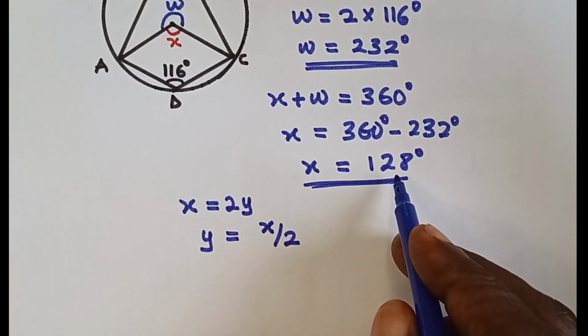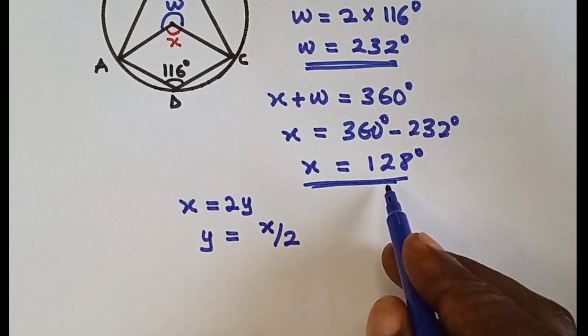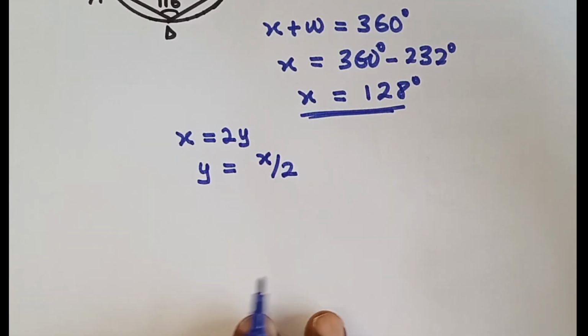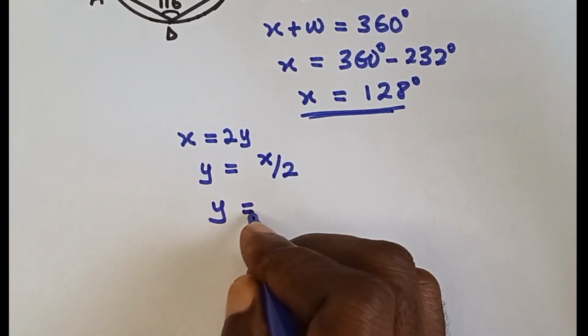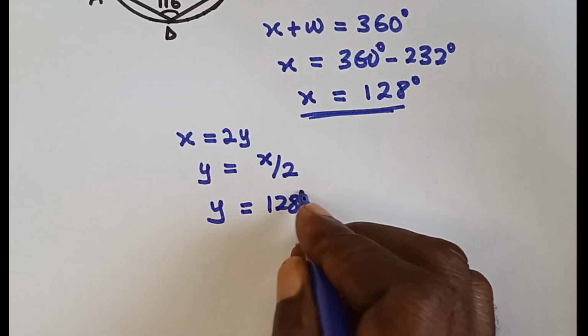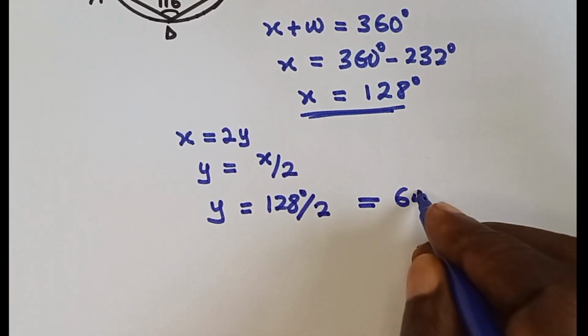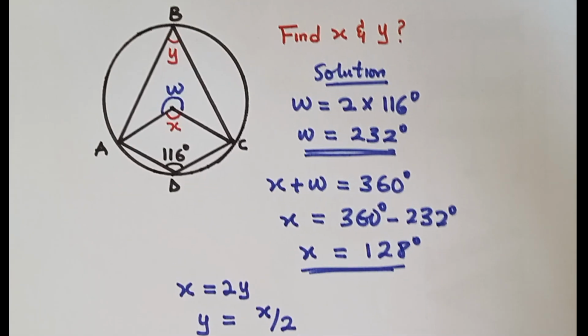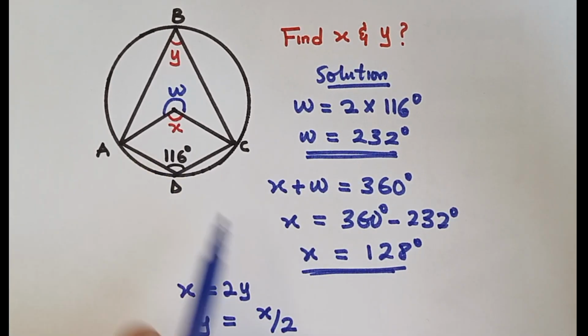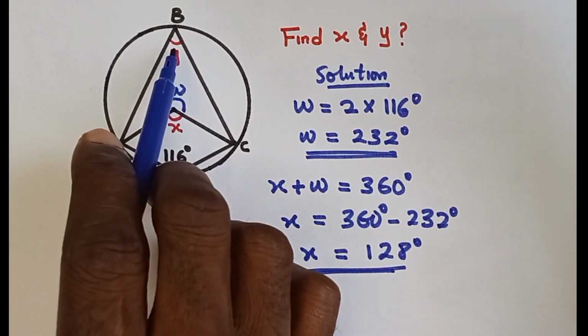Our x is 128, so we divide 128 by 2. That means y is equal to 128 degrees divided by 2, and that is 64 degrees. So x is 128 degrees and y is 64 degrees.